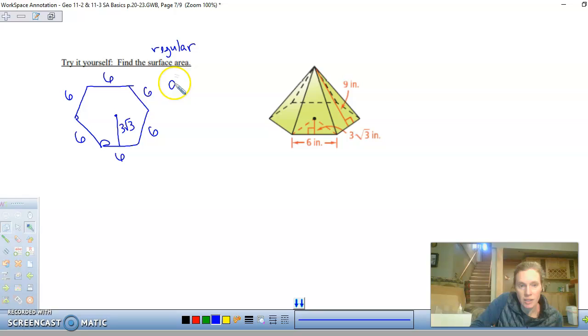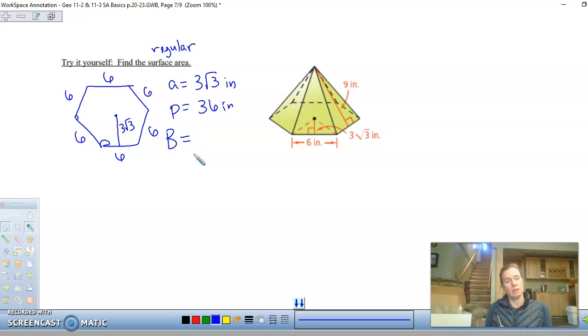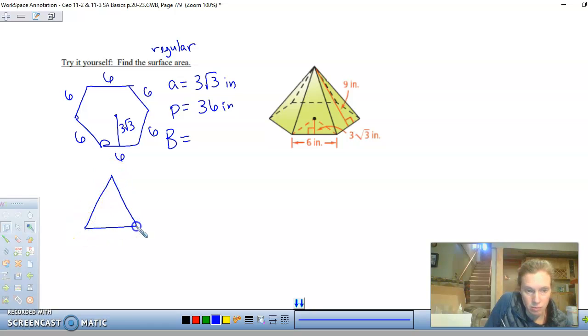So recall that you need to know the apothem and the perimeter. So 6 times 6 is 36 in order to figure out the base area. Okay, so you need to figure out that base area. Then the next piece is we have these triangles. So notice that on the triangle sides here, right there, the base is going to be 6.